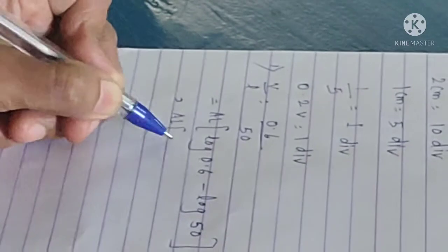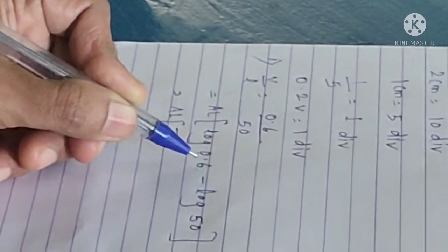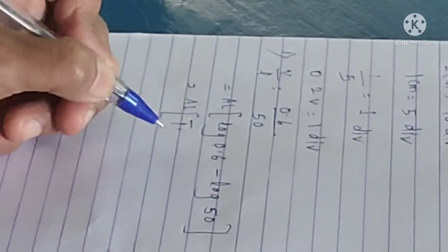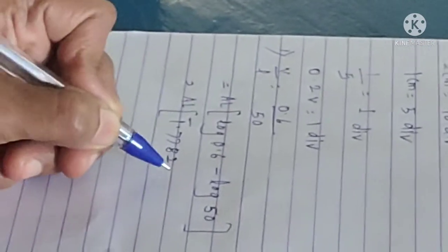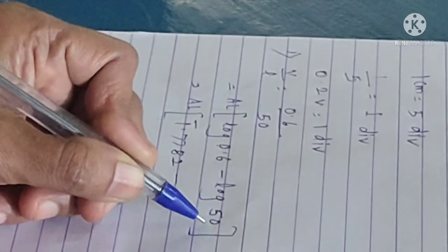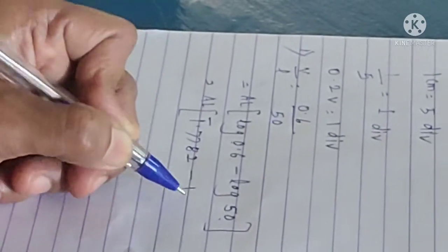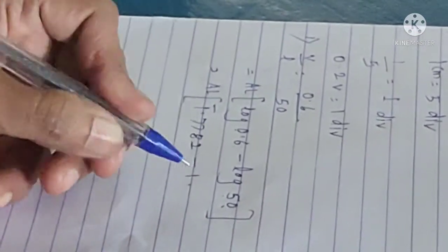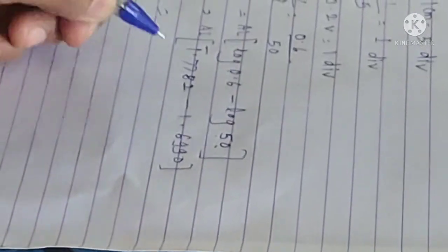Here for 0.6 the characteristic is bar 1. You have to select the number 60 in the log table, and it is 7782. Minus the value for 50: its characteristic is 1, and log of 50 is 6990.